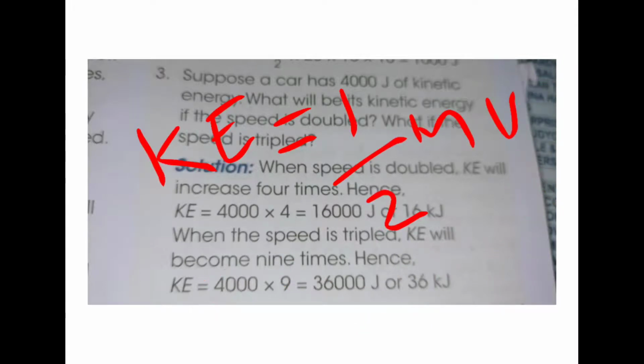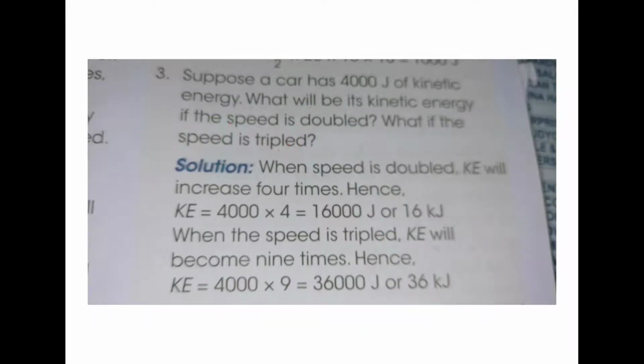So this 4 can be written as 4 into kinetic energy, right? So kinetic energy is given here 4000, so 4 into 4000, that is why here 4 is multiplied in the question.